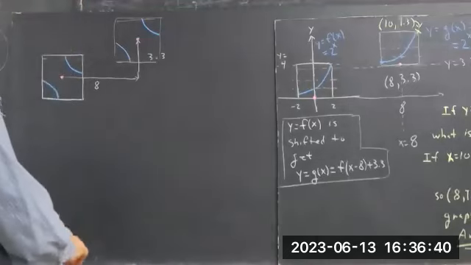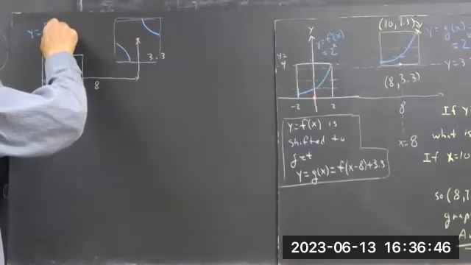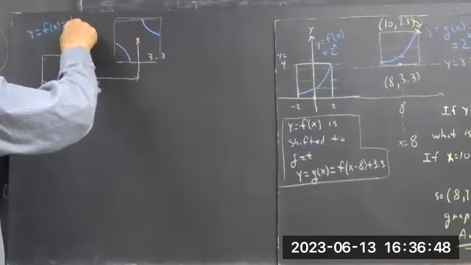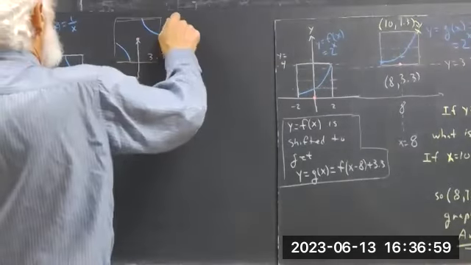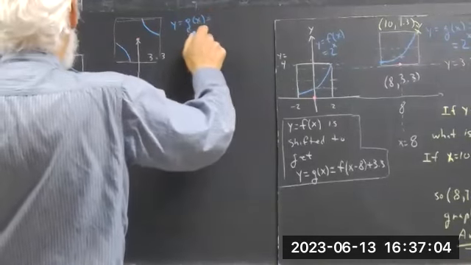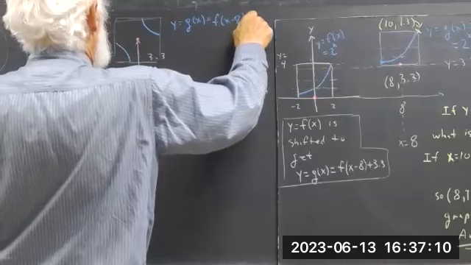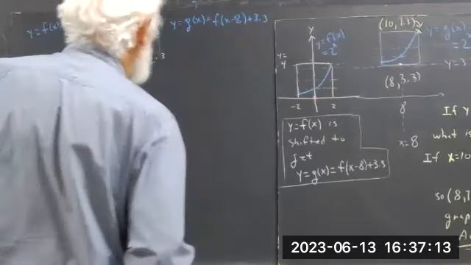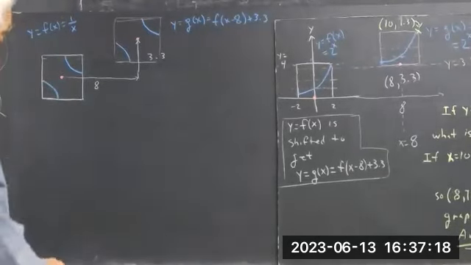Okay, so if this is y equals f of x equals 1 over x, then this is y equals g of x equals f of x minus 8 plus 3.3.